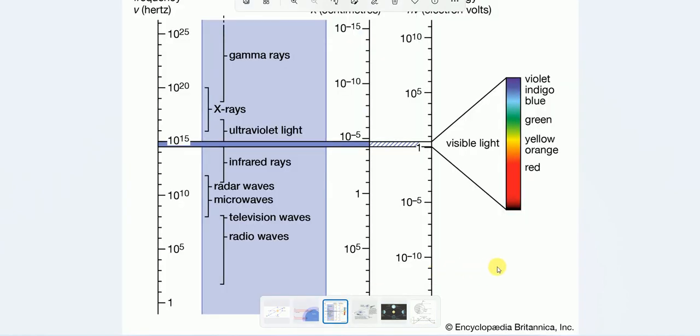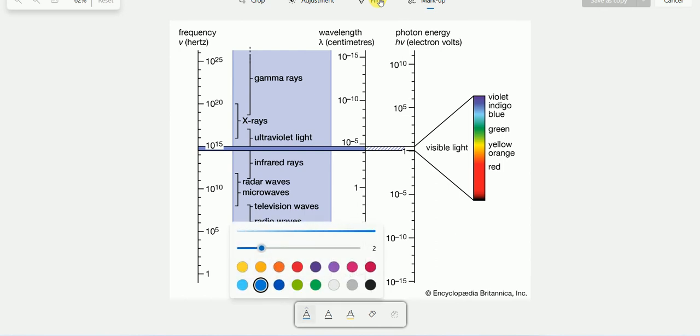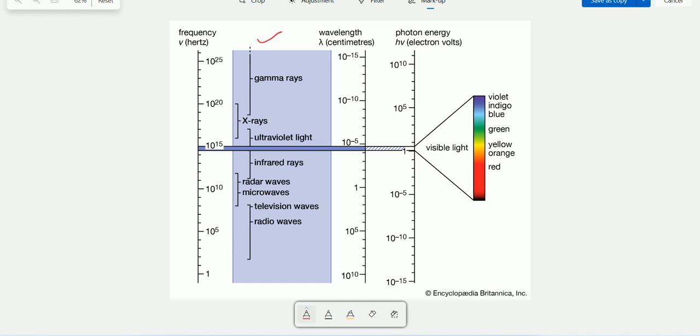This is the electromagnetic spectrum. On this side, we have the shorter wavelengths like gamma rays, X-rays, and ultraviolet, and on this side we have the longer wavelengths like radio waves, television waves, microwaves, and infrared.